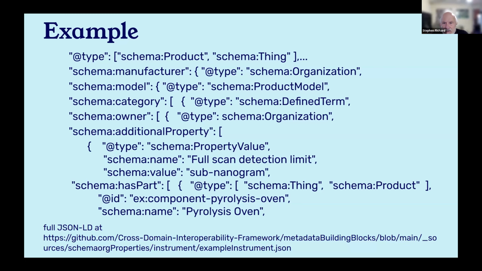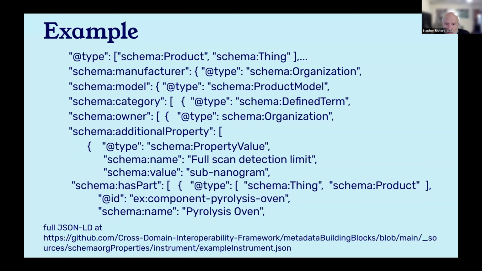So the manufacturer is described as an organization. The model uses a schema product model property. The instrument type uses schema category, and we're using defined terms so we can have instrument type vocabularies that have URIs, labels, and a vocabulary scheme identifier. The owner is a scheme organization.